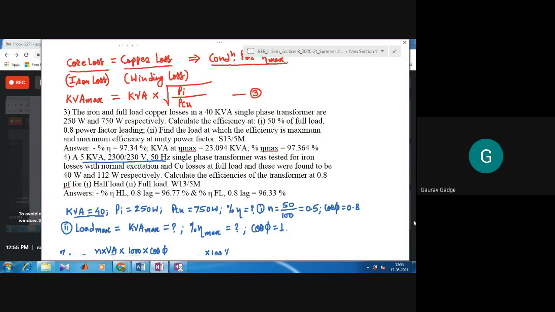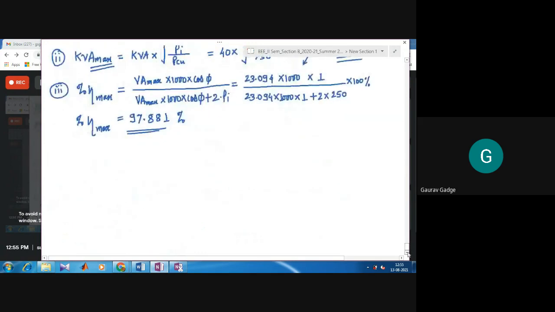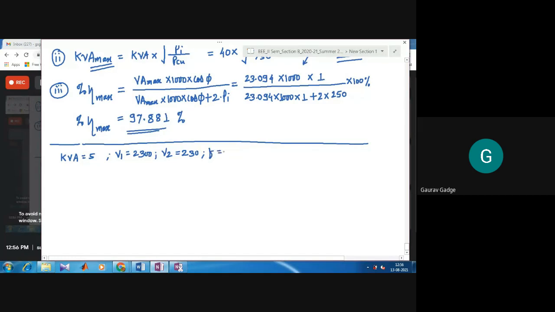So 5 kVA means kilovolt ampere. Then 2300 means input voltage, divided by 230 volt, which means V2, frequency 50 hertz.